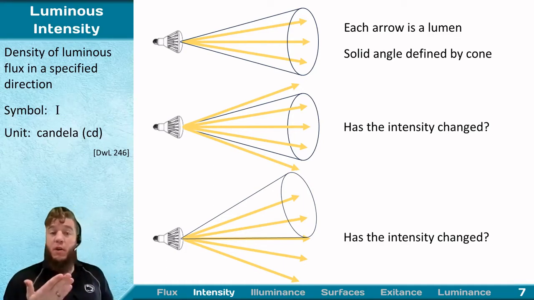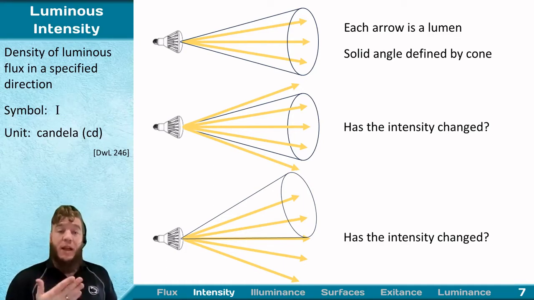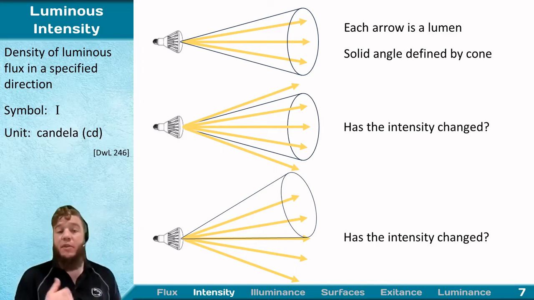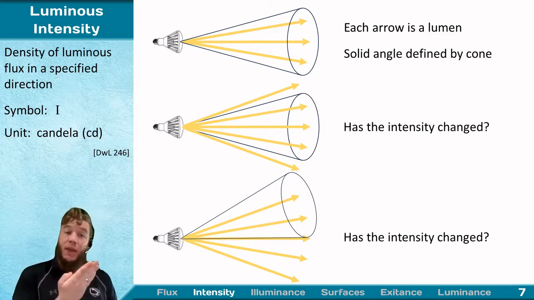Most of you are correct in surmising that the intensity has not changed, because the total luminous flux within that cone hasn't changed. Just because there's additional flux outside the cone won't change the intensity we're measuring right there.